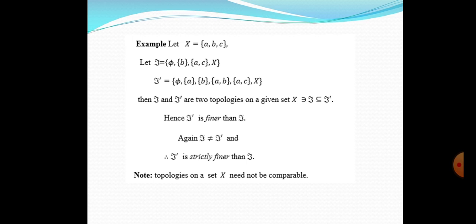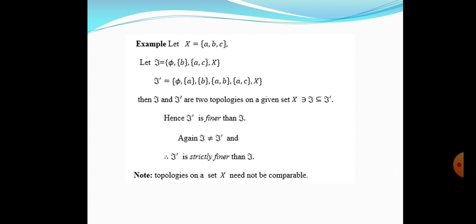Here two topologies are given. The first one is tau and the second one is tau dash. Next, you compare these two topologies on the given set X. That means tau is a subset of tau dash, so tau dash is finer than tau. What is the definition of finer?